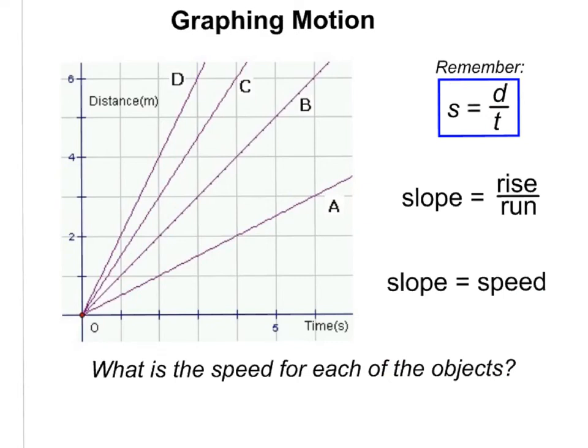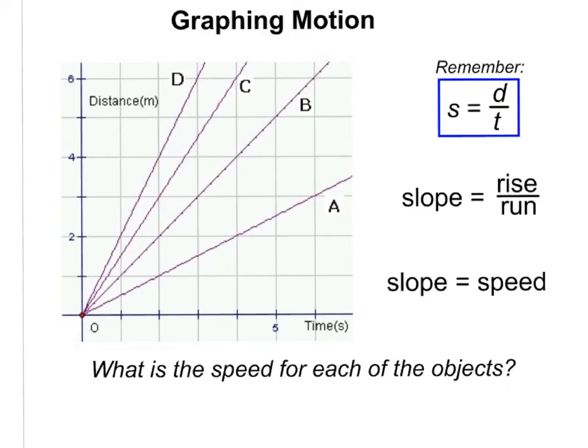So we can use a graph to actually calculate our speed, our average speed. If we have a constant speed, we can easily look at the slope. Remember, slope is rise over run. And if we know that the rise on the graph is the distance, and the run on the graph is the time, we know that the slope equals the speed.